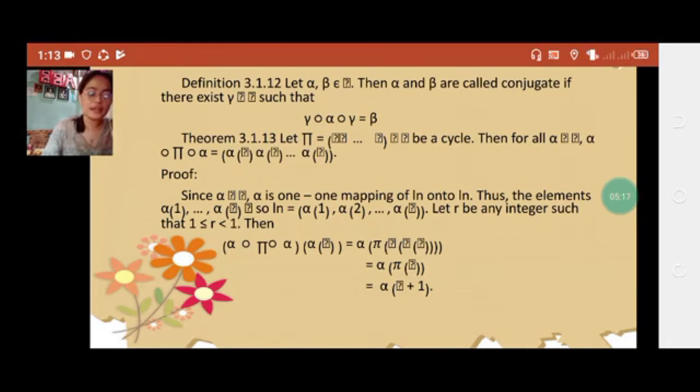Let R be any integer such that 1 is less than or equal to R less than or equal to n.